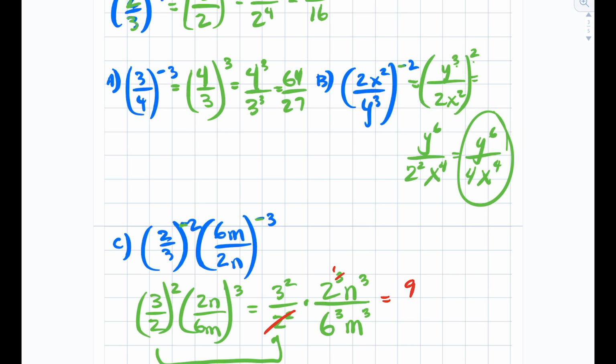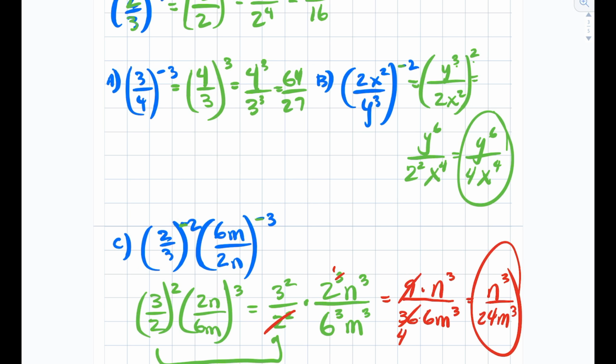That gives us 9 times n to the 3rd power divided by, this is going to be 36 times 6, m to the third. The reason why I wrote 36 here is because 9 can go into 36, right? 9 can go into 36 4 times. So let's cancel that out, which is equal to n to the third on the top, and on the bottom we have 24 m to the third. There's our answer there. Okay.